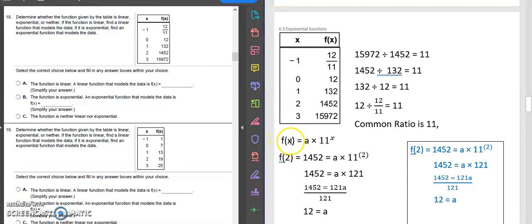So you're going to write out f of x equals a times your base, in this case 11, or your common ratio, which is 11 raised to the x power, and you're going to plug in a number for x, and then you are going to solve the equation for a. So when you have f of 2, you're plugging in 2 for x, that should equal 1452. So f of 2 equals 1452, and that equals a times 11, with 2 plugged in for x here.